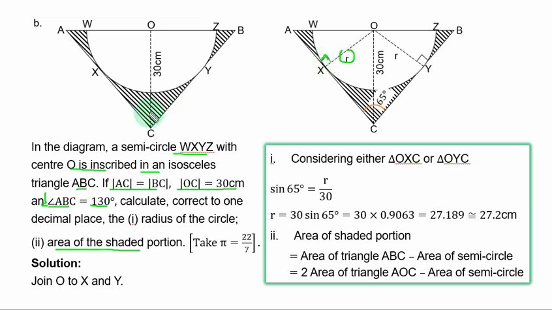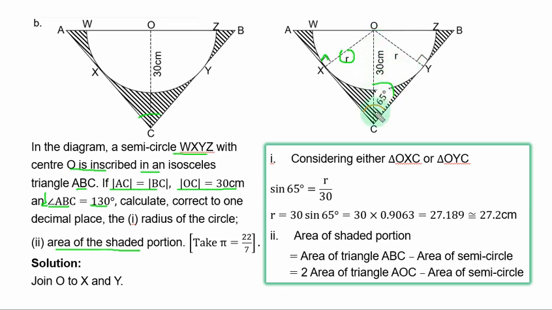From the question, the whole of this angle is 130 degrees. Half of it becomes 65 degrees. Now, this radius is opposite because it is facing the acute angle.